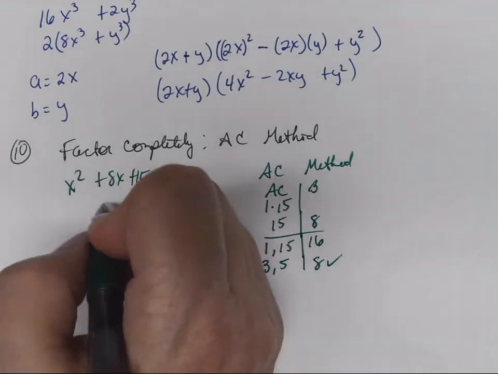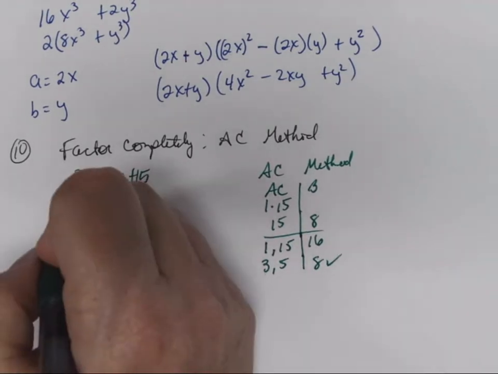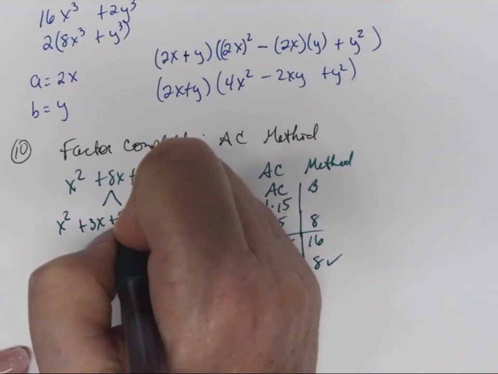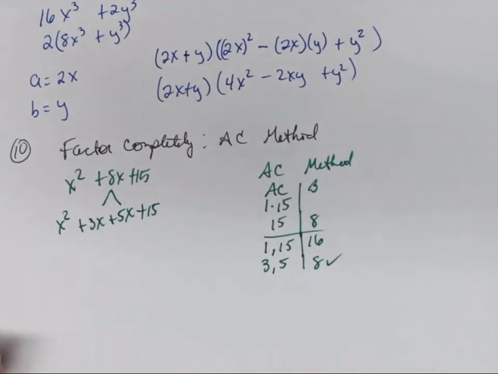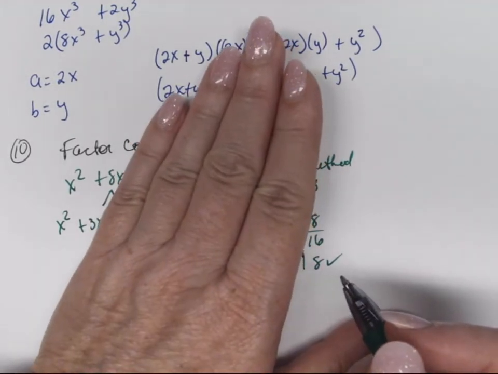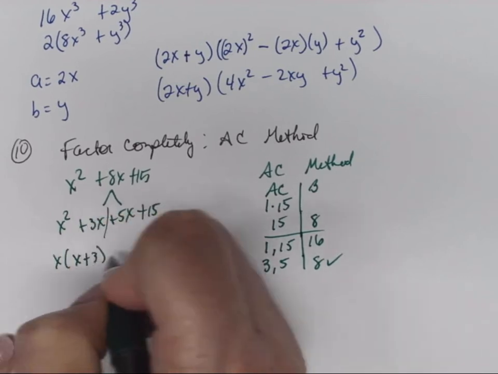All right, so we come over here and rewrite 8 as 3 and 5. So x squared plus 3x plus 5x plus 15. We now have 4 terms, so we can factor by grouping. In the first half, x squared and 3x have a common factor of x, and I end up with x plus 3.